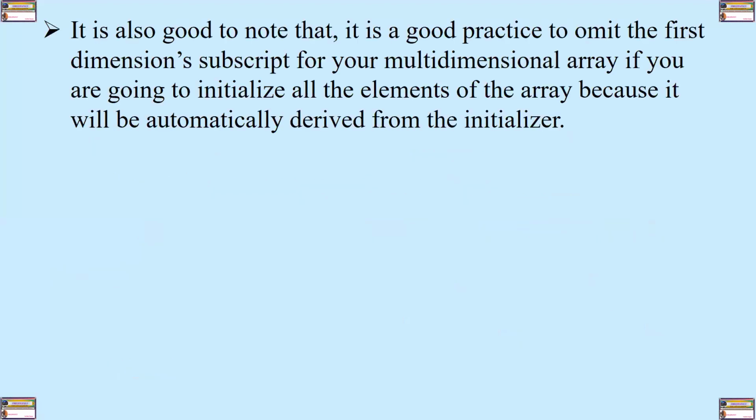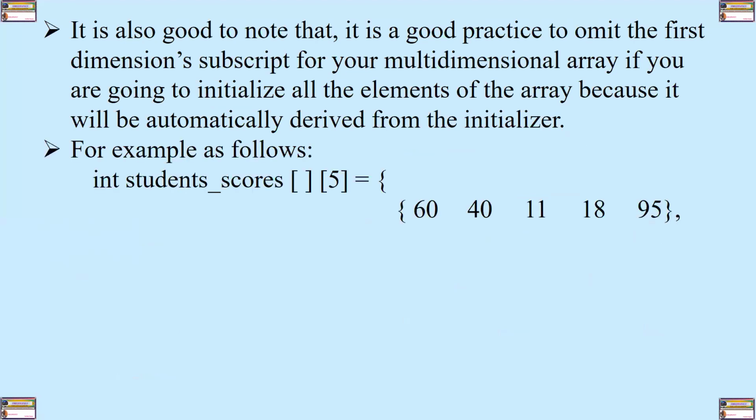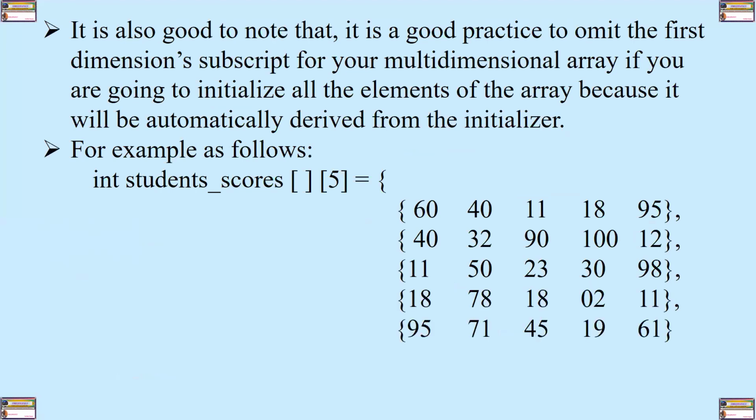It is also good practice to omit the first dimension subscript for your multidimensional array if you are going to initialize all the elements of the array, because it will be automatically derived from the initializer. For example, if you initialize our array with all its elements like that, the first dimension will be automatic.